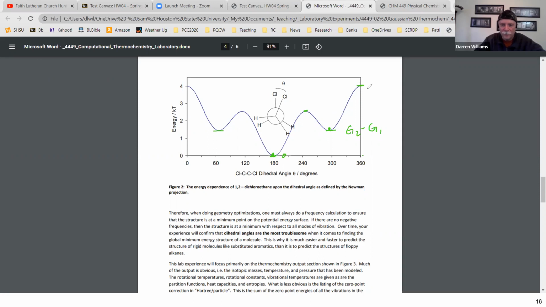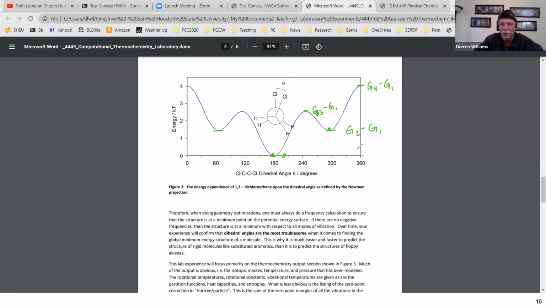So if you calculate that energy, maybe we call this G3 minus G1, and this is G4 minus G1, right? You can calculate that if you have structure 4, which would be the zero dihedral angle.